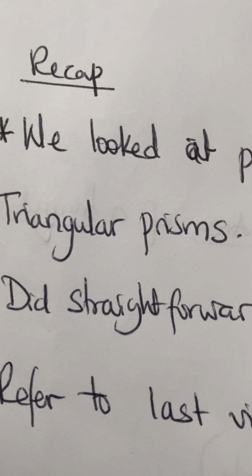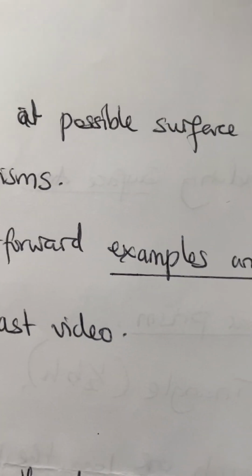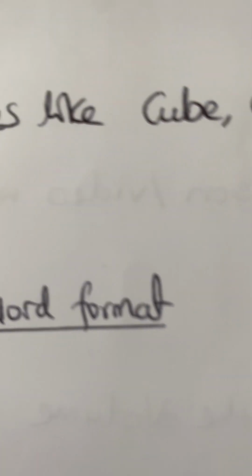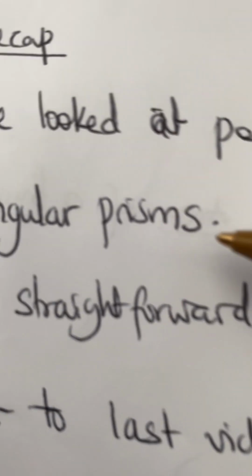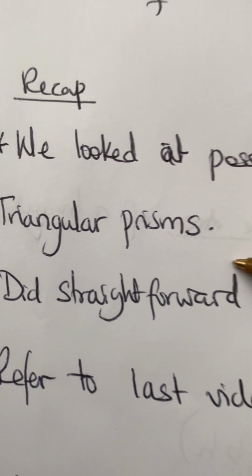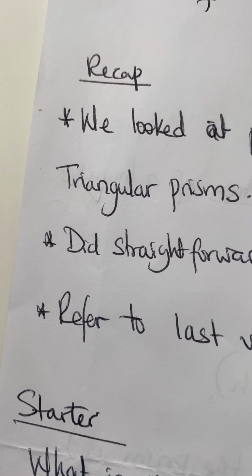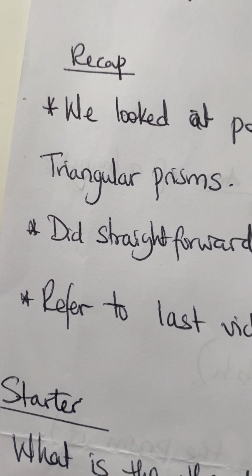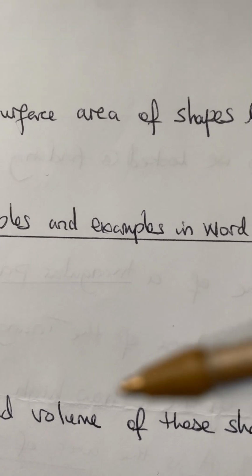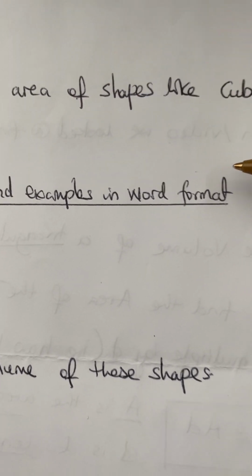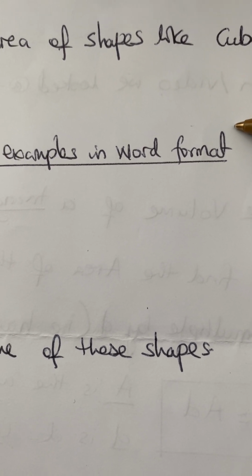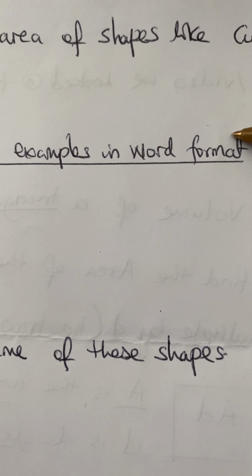Now, recap. We looked at the surface area of shapes like cubes, cuboids, and triangular prisms. We've done two videos on that, and it will help you a lot to have a look. We did straightforward examples and examples in word format, like the lost property box, the company, and the wrapping paper.